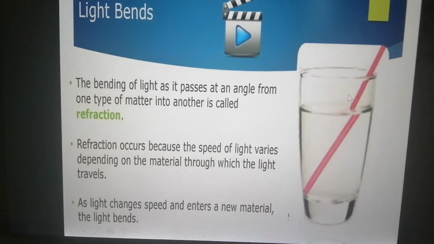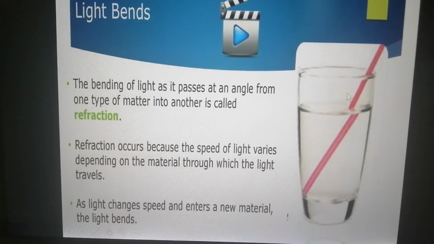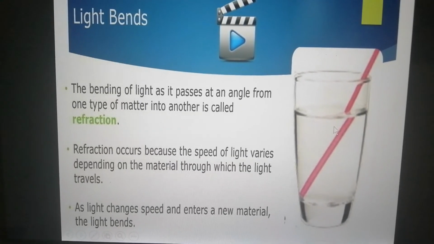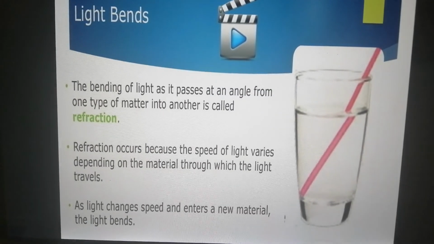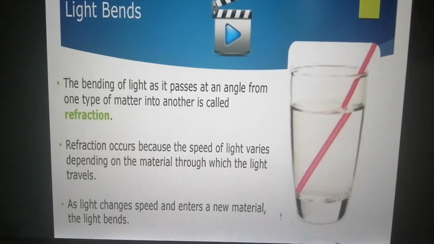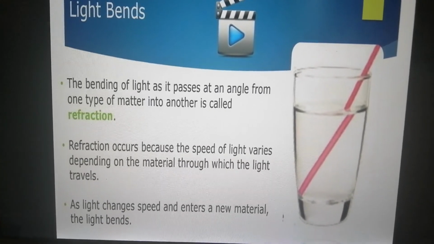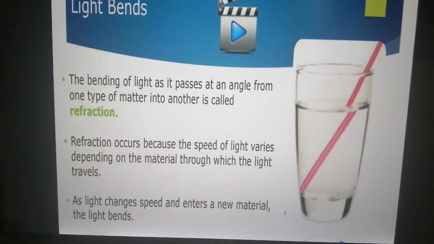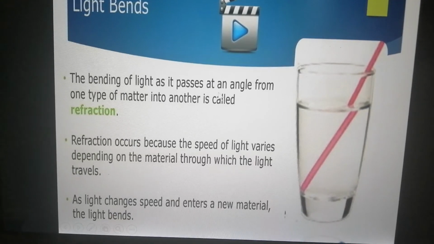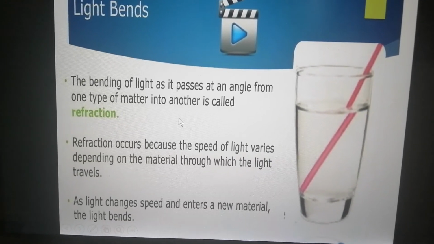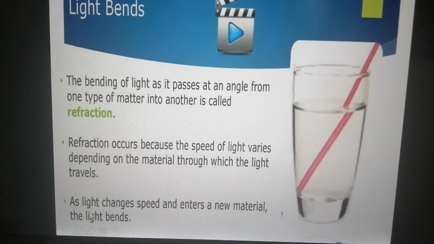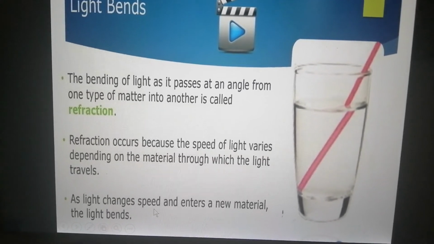In the gas it has a certain speed, and when it enters the water, it has less speed because water is denser than air. So we should know the meaning of refraction, and why it occurs: because the light changes its speed.